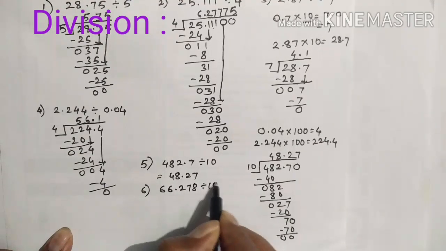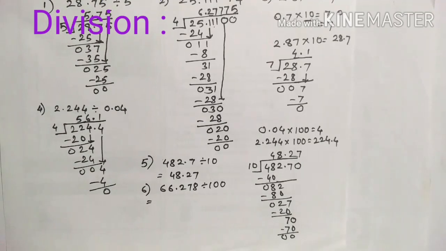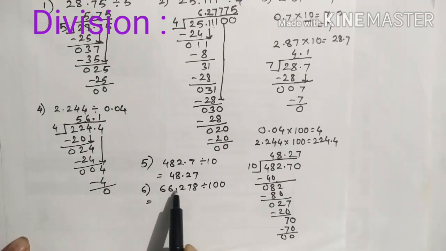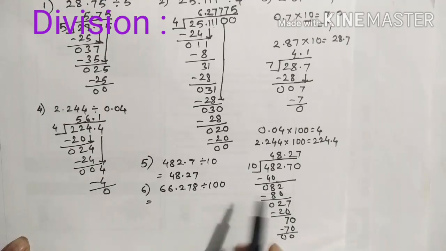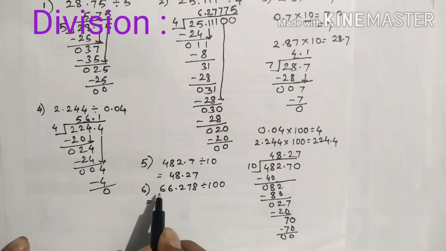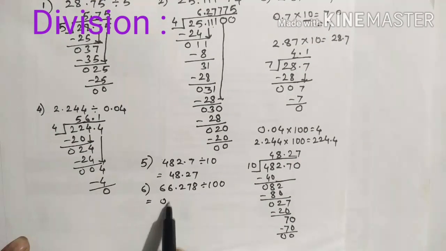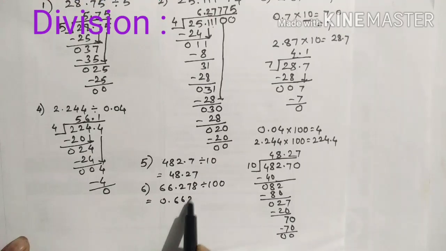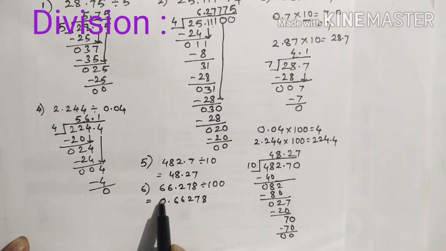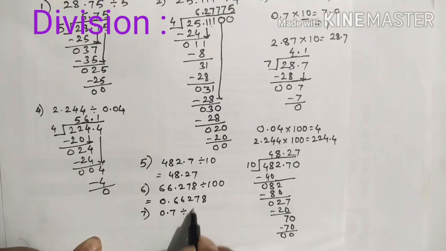Okay, next example, 66.278 divided by 100. Now directly we will pass the decimal point two places towards the left side. It means it will become 0.66278, like this. Okay, last example, that is 0.7 divided by 1000.